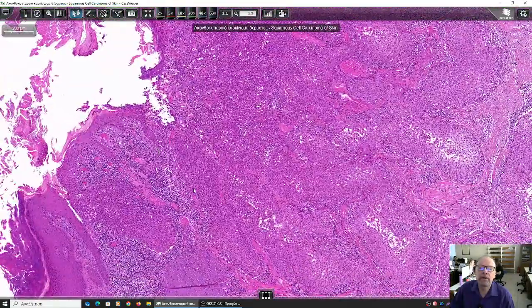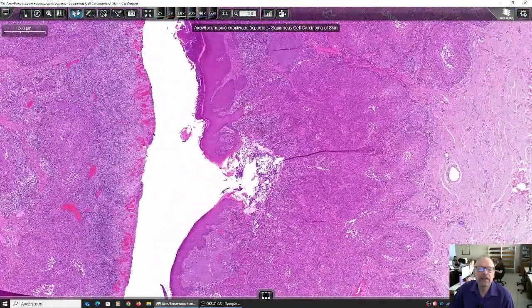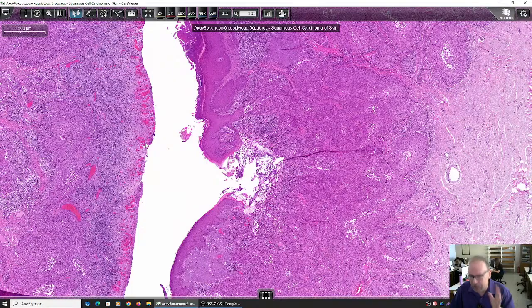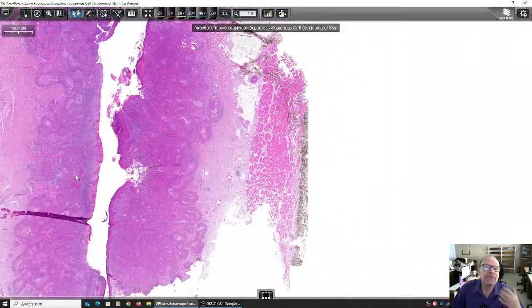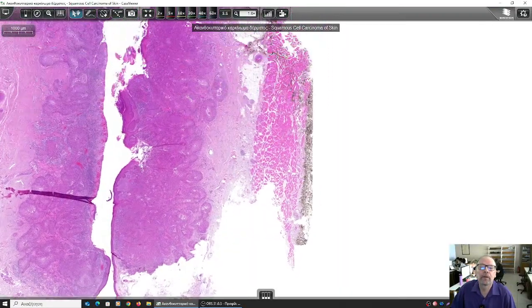And remember that, being malignant, it ulcerated the normal epidermis. And of course, it has an entirely invasive front, not just endophytic.